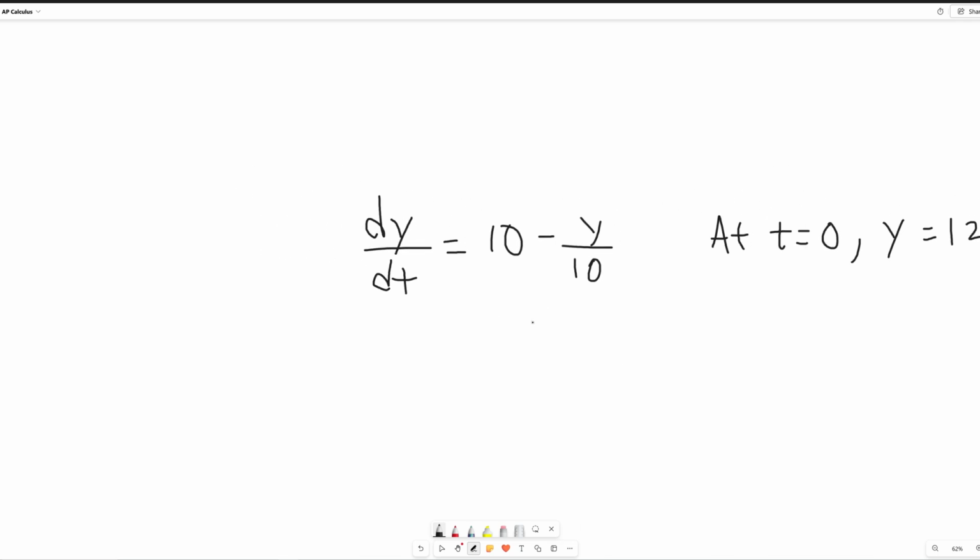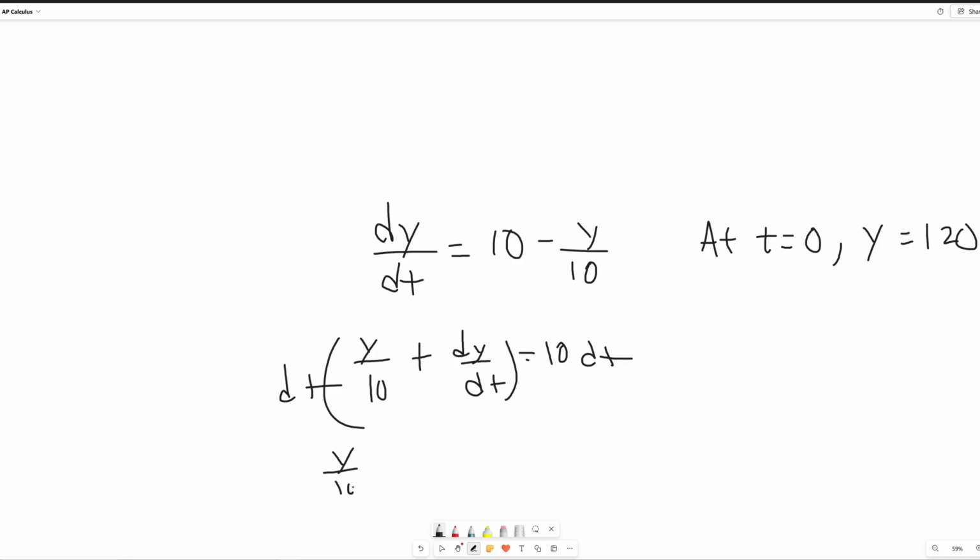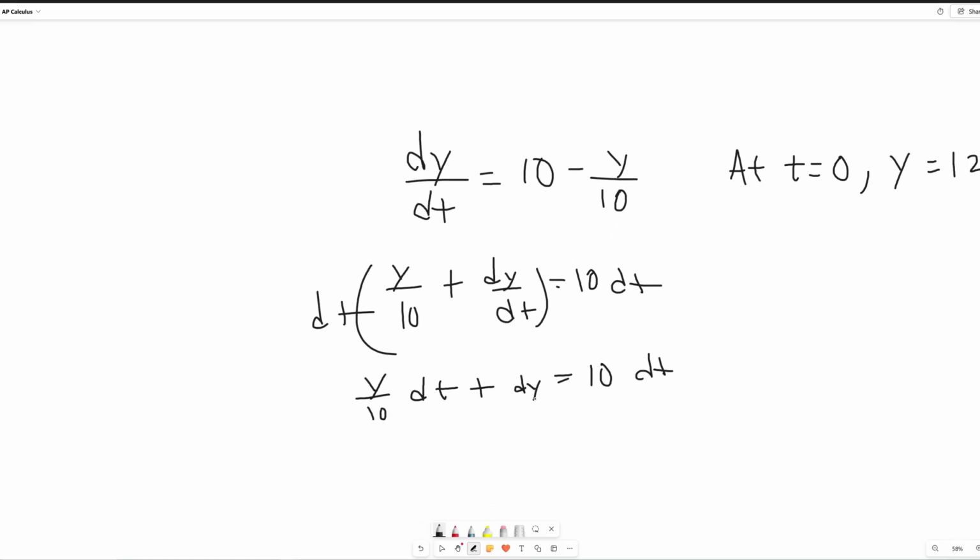Well, here you might notice that you can't really move this over. If you move it over, you get y over 10 plus dy over dt. When you try to multiply this dy over dt to get it out of the denominator, you will have y over 10 dt plus dy equals 10 dt, which doesn't mean anything.